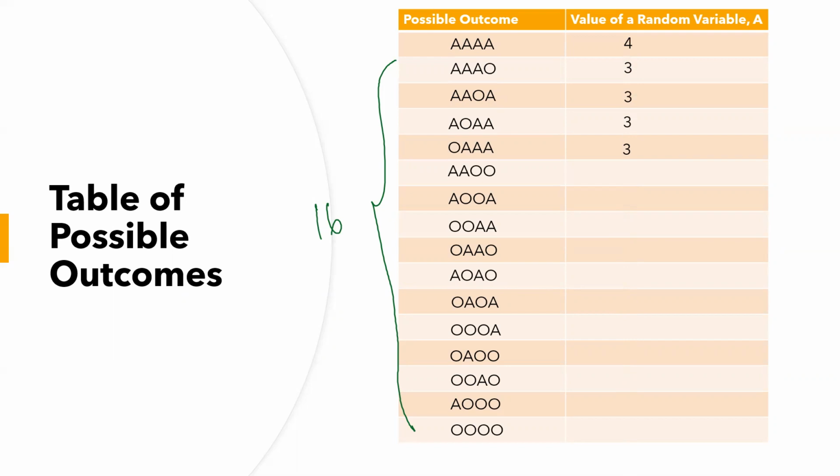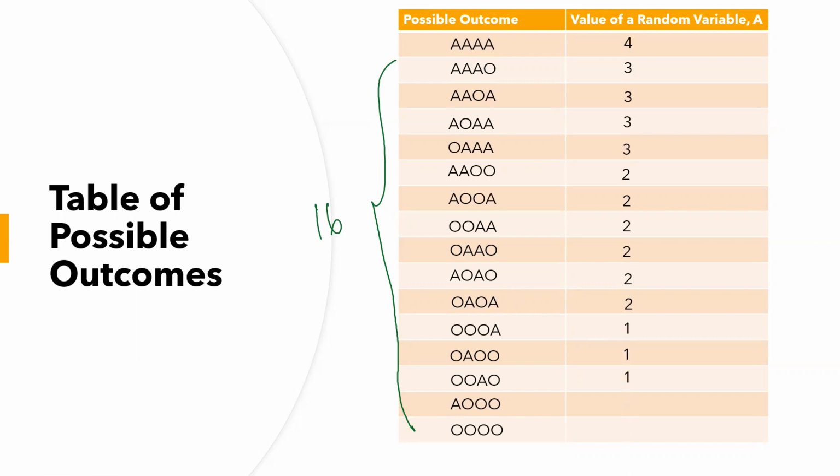For the outcomes with 2 apples: AAOO, OAAO, AOOA, OOAA, AOAO, OAOA.